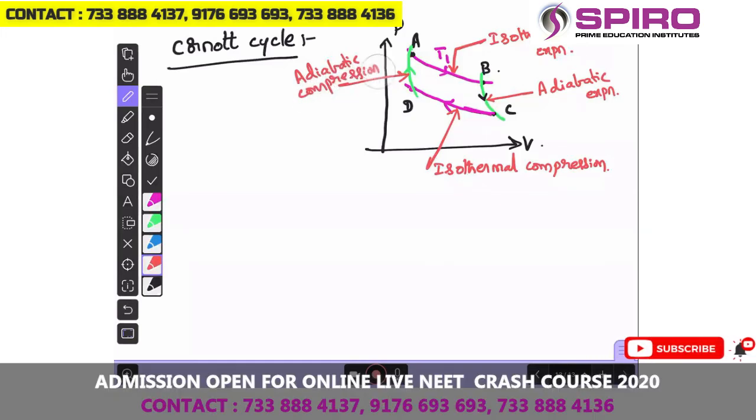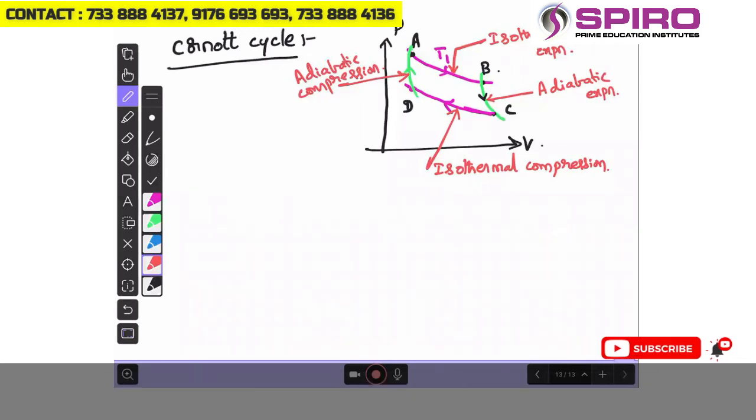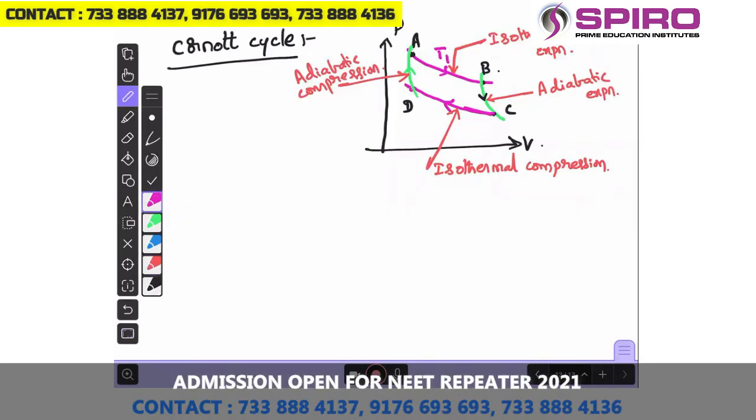This is the way Carnot has conducted a cyclic process in a gas. Okay, A to B is conducted at a temperature T1, and C to D is conducted at a temperature T2.